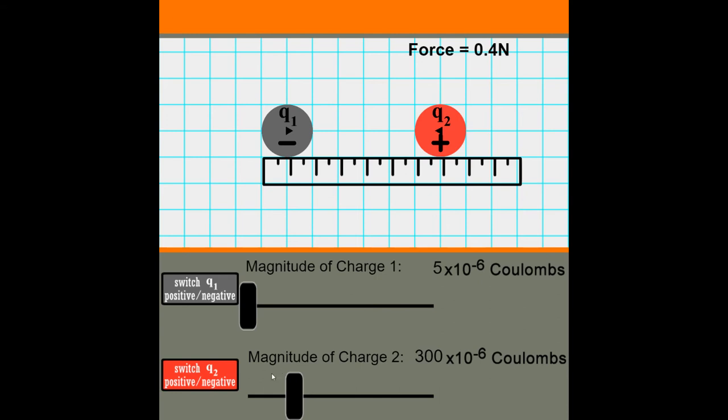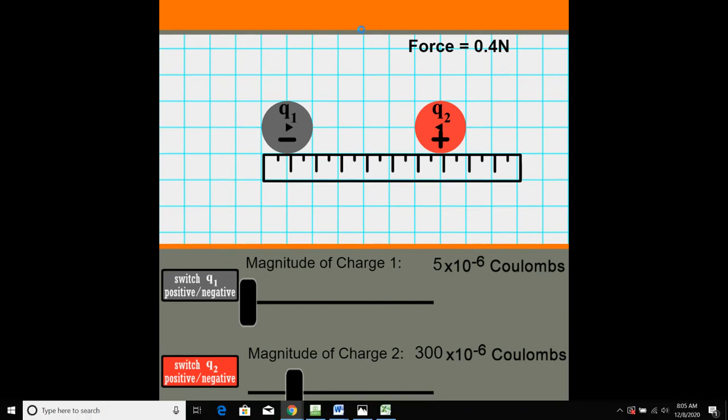Okay. So this would be my charge on Q2. If this was my very first thing that I did, you would do 300 times 10 to the negative 6 coulombs. That's what you would have. And then on charge 1, we have 5 times 10 to the negative 6 coulombs.